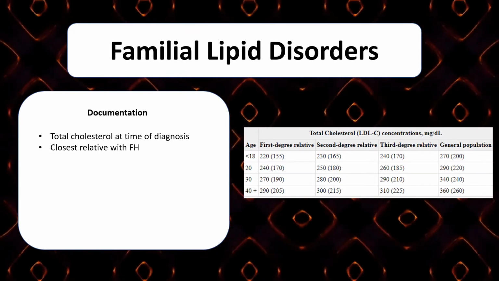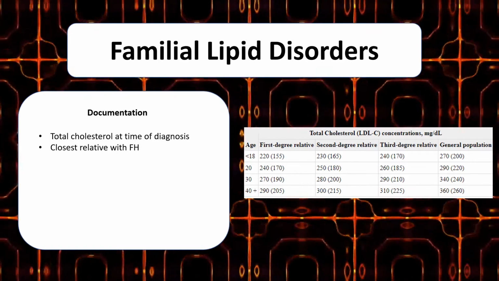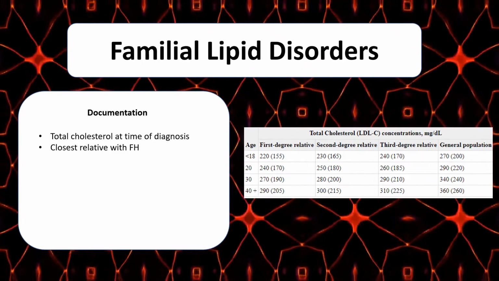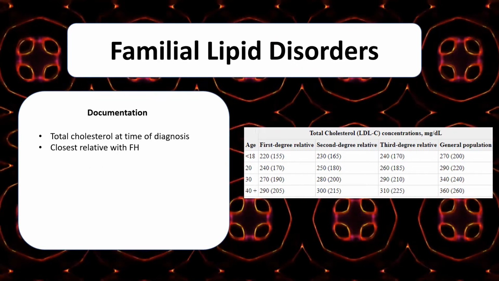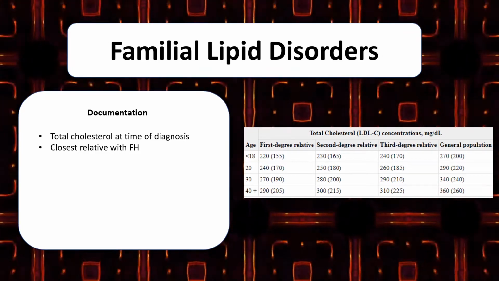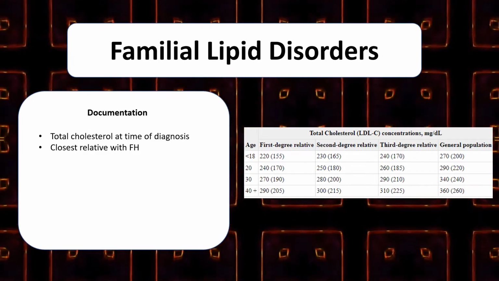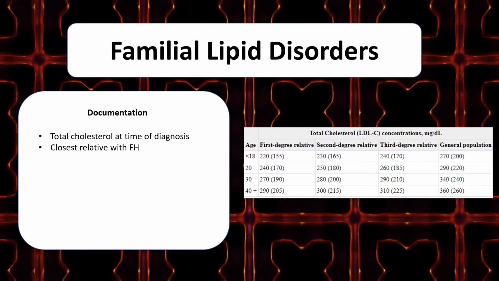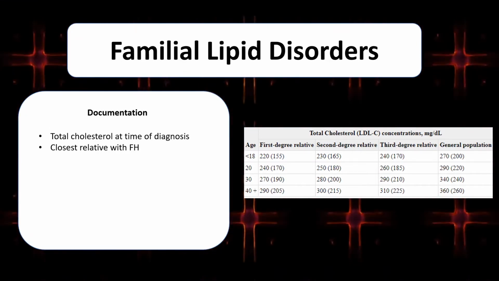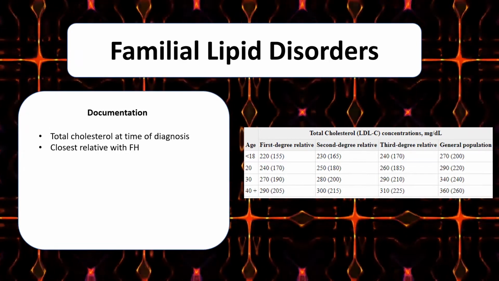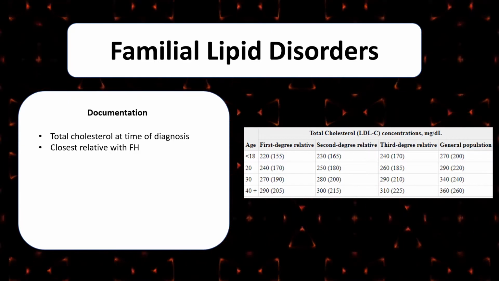So what you can do is use this rubric here, and on the left is the age, and then there are varying total cholesterol scores that need to be met in order to qualify for the diagnosis, depending on who their nearest relative is. And what I also like is that it has general population.